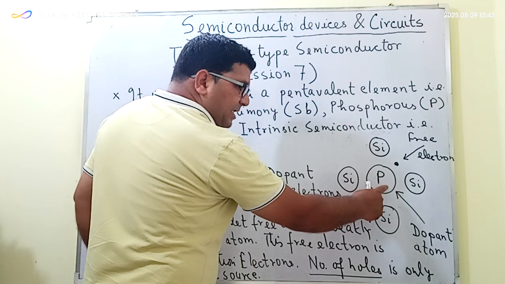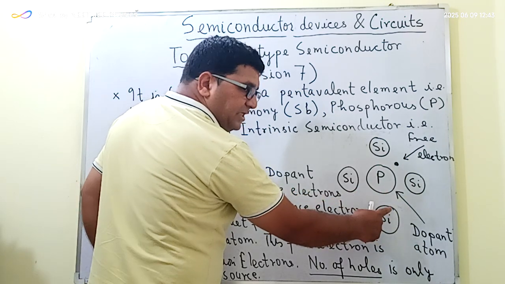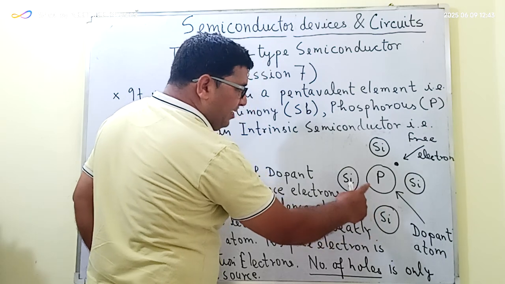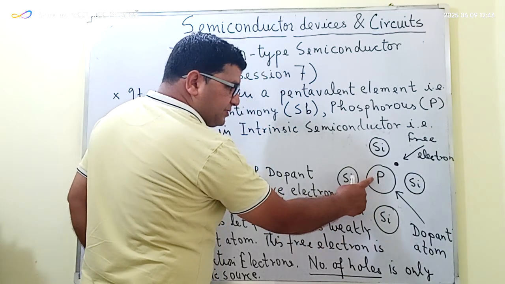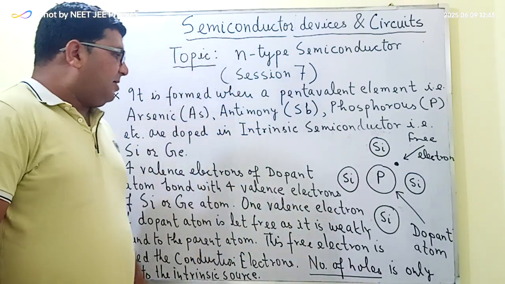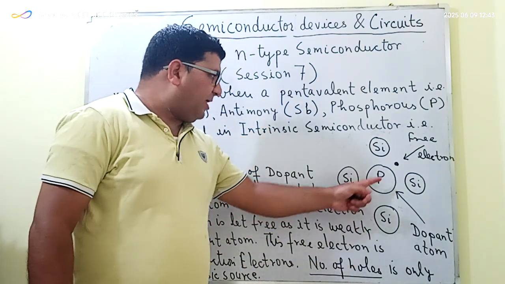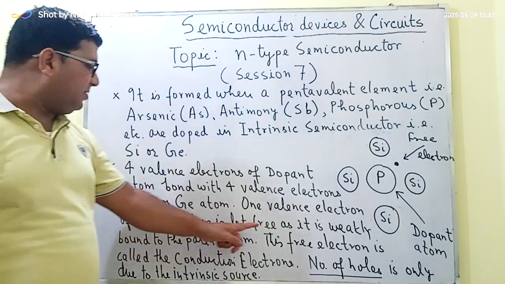One valence electron of this dopant atom will bond with one valence electron of this silicon atom, and likewise with the other surrounding silicon atoms. In this way, one valence electron of the dopant atom is let free.